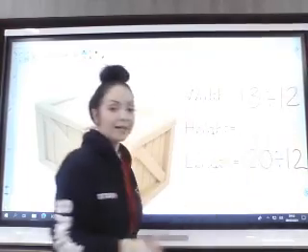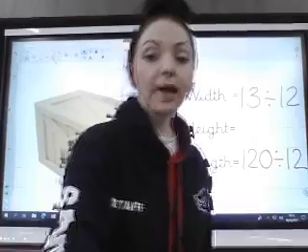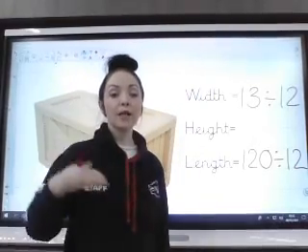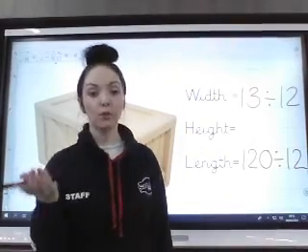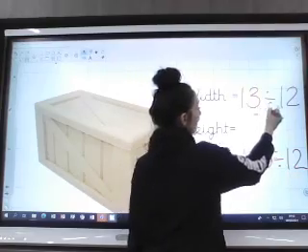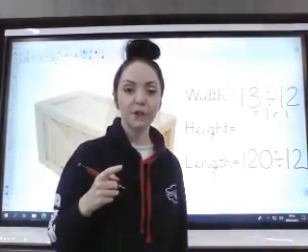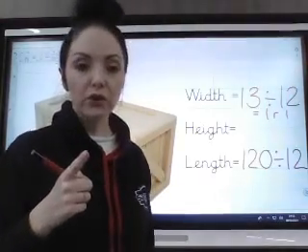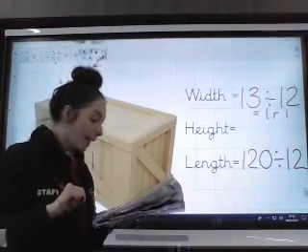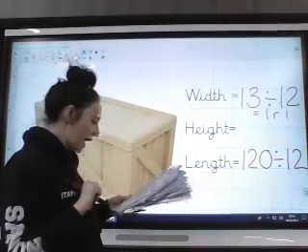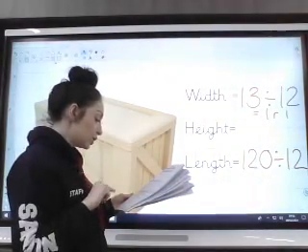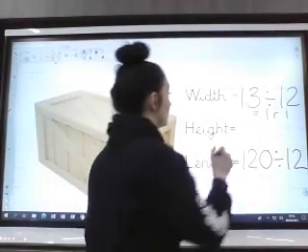You don't need to do a decimal remainder for that one. I know that 12 goes into 13 once with 1 left over. So your answer for that one can just be 1 remainder 1. You'd have 1 left over, so it'd just be 1 box that you could fit in. And then for the height, you would do 50 divided by 12.